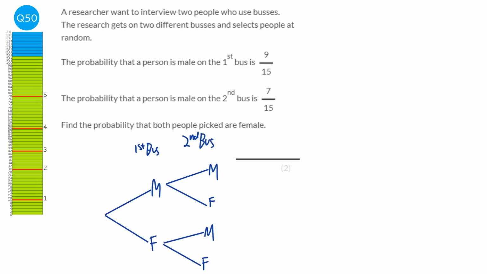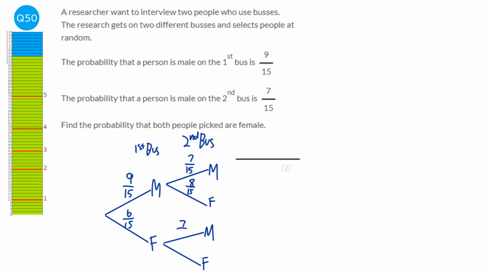So the probability of male on the first bus is 9/15. And therefore the probability of female is 1 minus 9/15, which would be 6/15. Male on the second bus is 7/15, and so female would be 8/15, because they need to add up to 1.